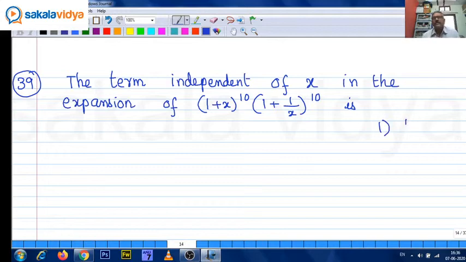The first option is 10C5, second option is 20C10, third option is 20C5, fourth option is 10C2. This is the question.